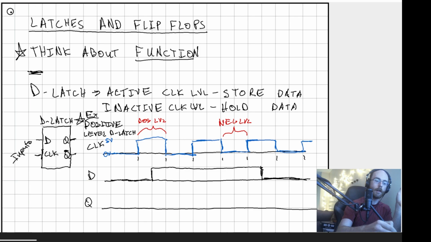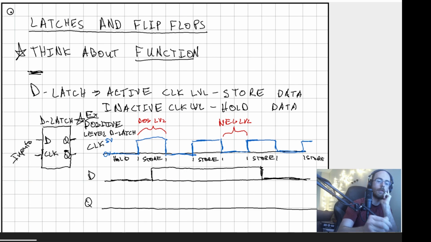It's because now I can just write, this is where we are going to store data, right? For all of the positive levels, we're going to store, right? Way over on the edge. And everywhere else, all the negative levels, the inactive clocks for this example, we're going to hold.